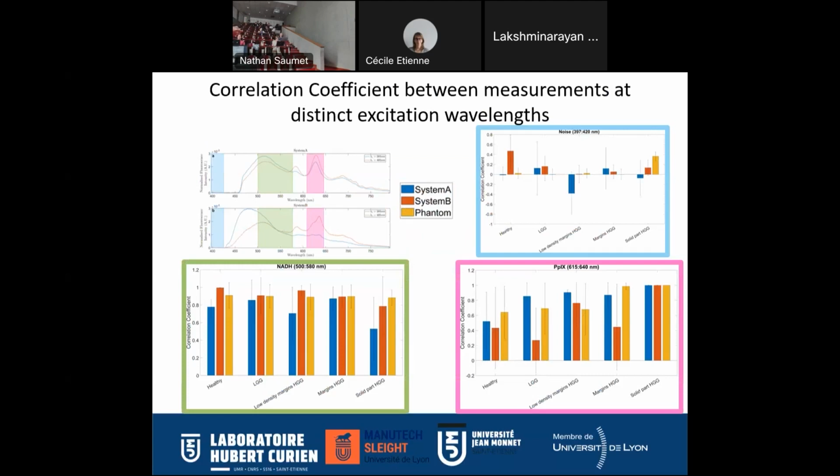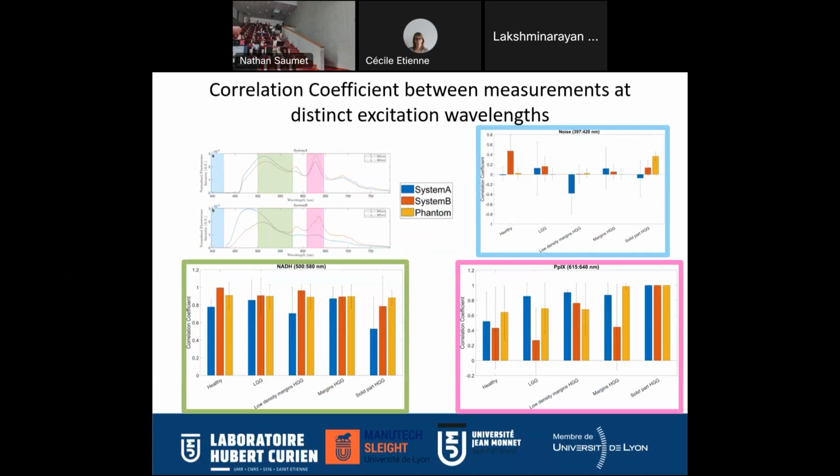We are looking especially at the boundary between the healthy tissues here and the low-grade glioma or low-density margins. So we are mainly comparing the first group of bars with groups number 2 and 3. And we notice that in the region related to endogenous fluorophores, the correlation coefficient remains quite high for both the numerical phantom and the measurements done with system B compared to those of system A.